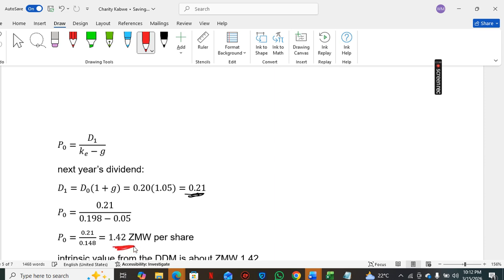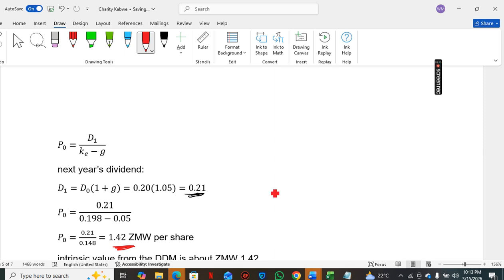So, according to the dividend discount model, ZEC should sell their shares at 1 kwacha 42.